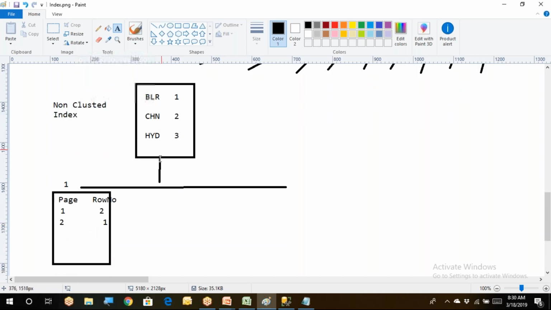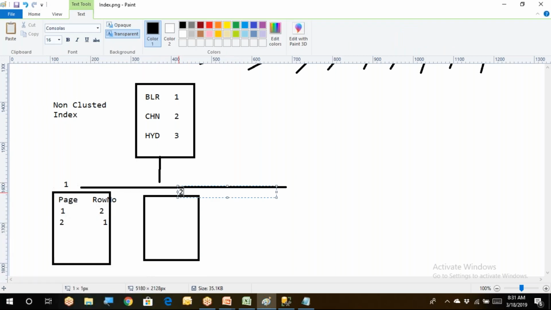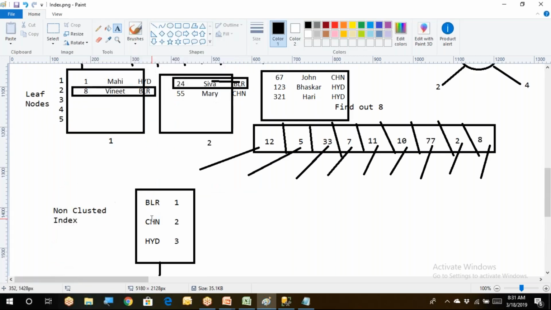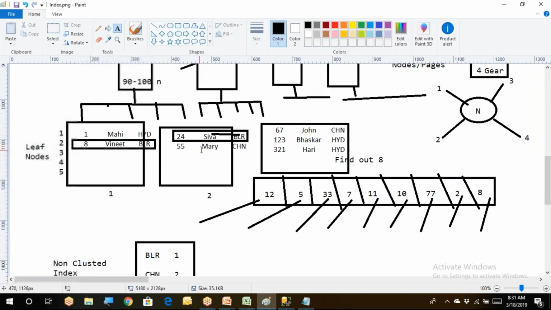Now for Chennai it is creating one more index page. This is index page number 2. Chennai is not available in the first page; it is available in the next page. Let me take a different color. This is one record and this is one more record.